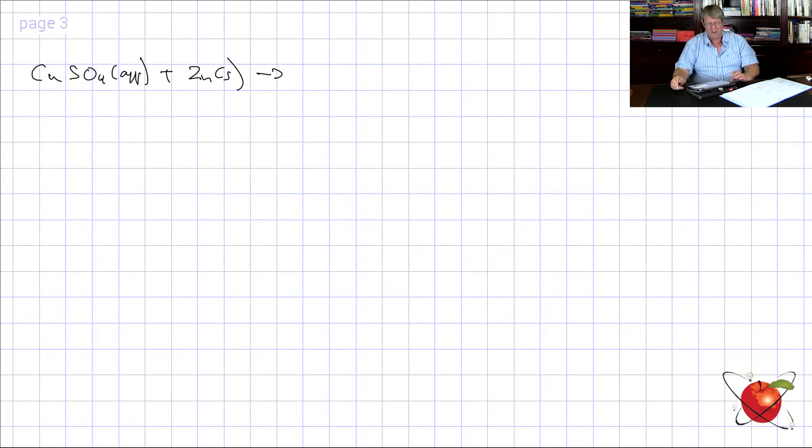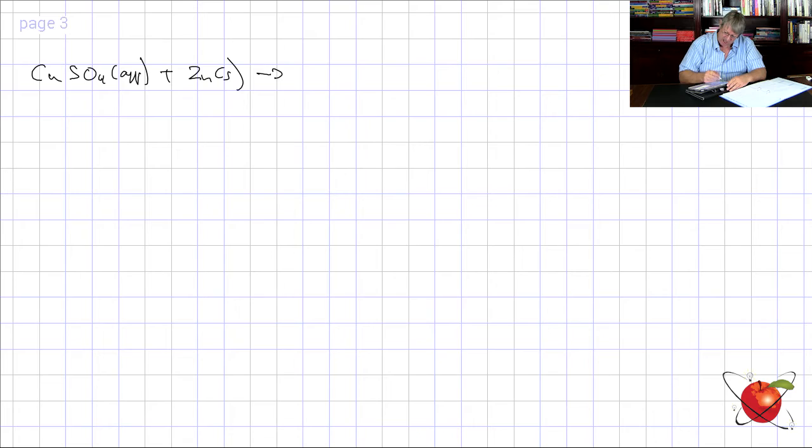And what happens? This reaction is a displacement. Remember from last year, or even the year before, when you dissolved copper sulfate in water and put a piece of zinc in, what happened? Well, the copper flaked out, precipitated, and the zinc dissolved.